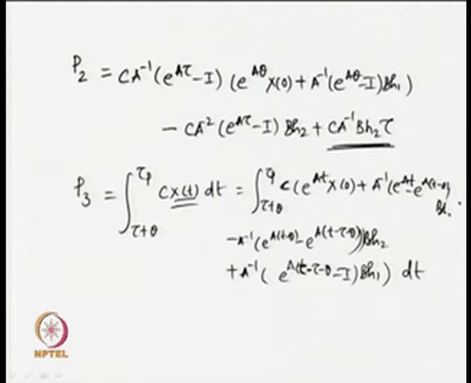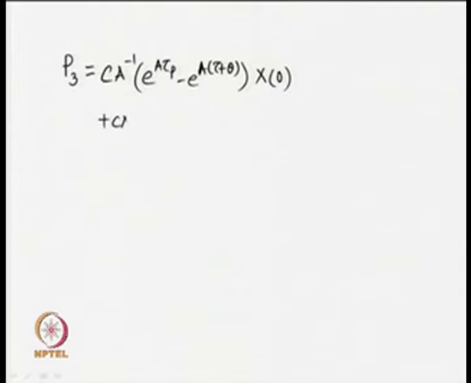I will write the final expression of P3, which will not be so simple, but let me try to write the whole expression for P3, which comes out to be in the form of C A inverse e to the power A tau p minus e to the power A tau plus theta times x0 plus C A to the power minus 2 e to the power A tau p minus e to the power A tau p.